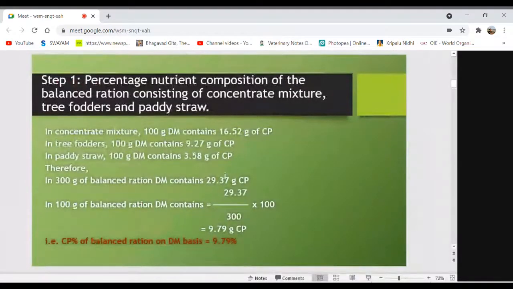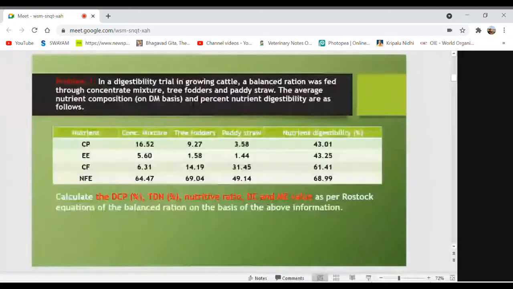So here the first step will be you have to see the percent nutrient composition of the balanced ration consisting of concentrate mixture, tree fodder, and paddy straw. So here, first of all, what we have to calculate? In concentrate mixture, 100 gram dry matter contains 16.52 gram of CP. So here you see the CP, no? CP in 100 gram, it is in percentage. All are in percentage.